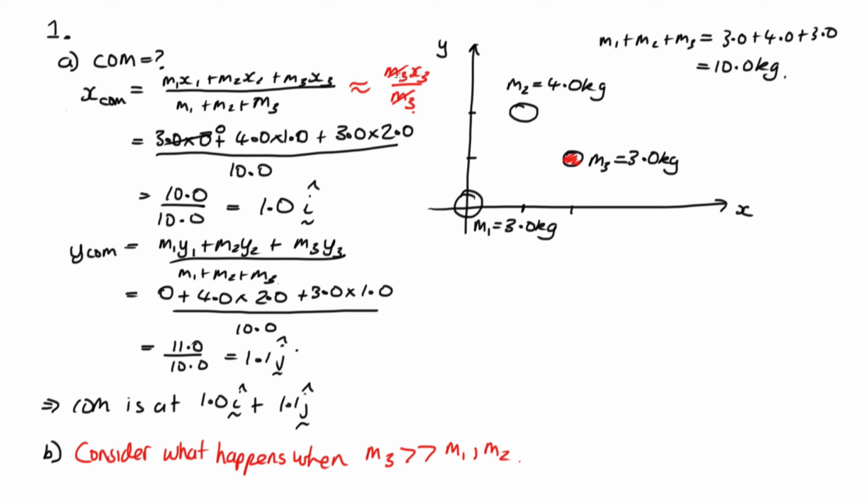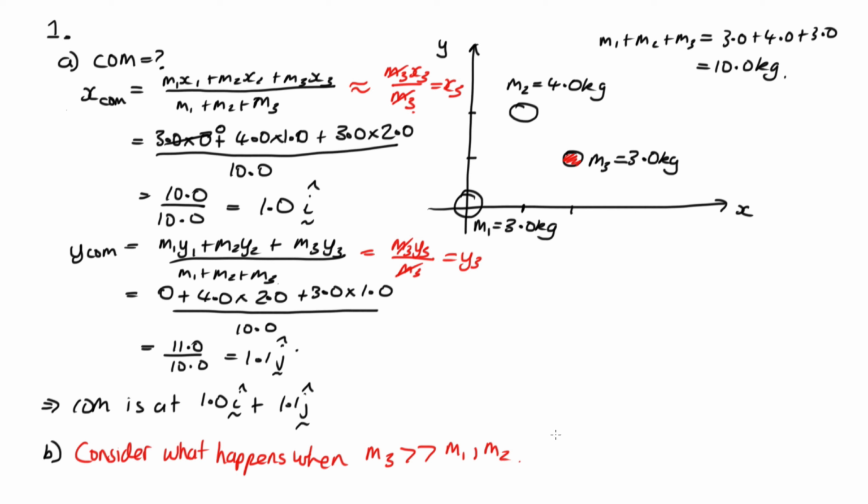So these M3 on the top and bottom cancel out, and this is equal to X3. And the same thing happens for the y coordinate. Because M1 and M2 are so small compared to M3, we've got M3, Y3 on the top and just M3 on the bottom, which is equal to Y3.